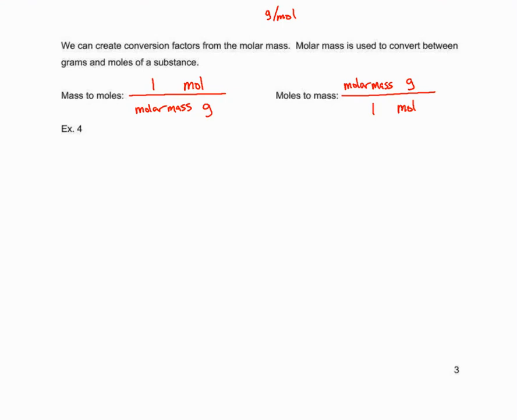So let's look at an example here. Let's say that we have 10.0 grams of silicon dioxide. And we need this silicon dioxide to be measured in terms of moles. And so this becomes a conversion.